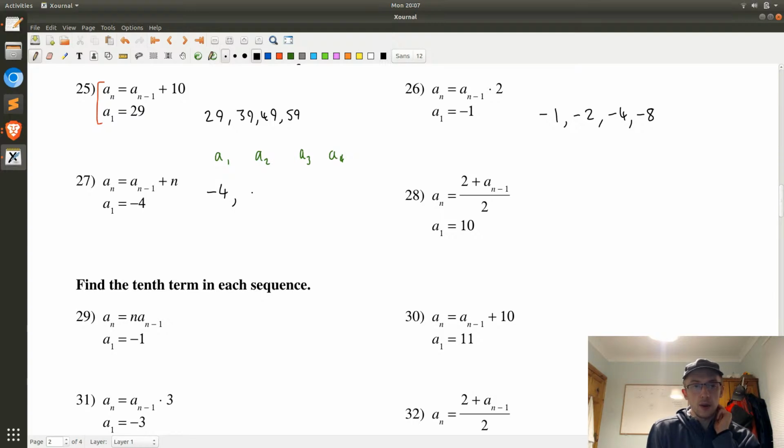So -4 add 2 is -2. How to get A3? To the previous term, right here, you have to add 3. So to that, we say 1. And how to get A4? To the previous term, which is right here, you have to add 4, which gives us 5.